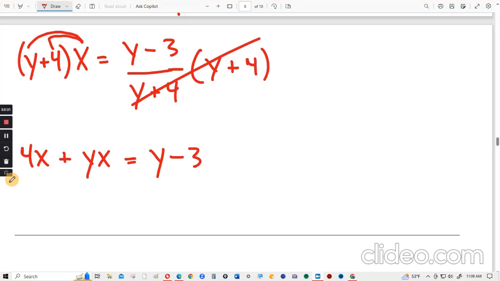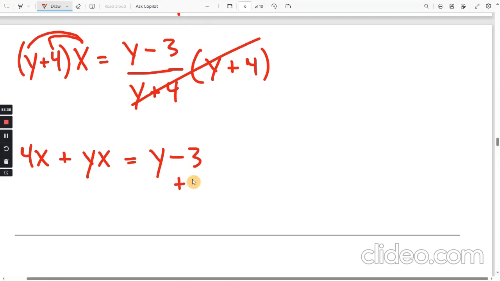Now we need all the y's on one side by itself. So I'm going to get rid of a minus 3 by doing plus 3 on both sides. Alright, and these are together, so we're going to have to bring them over together. The y's have to be on the right. So the opposite of positive yx is negative yx.